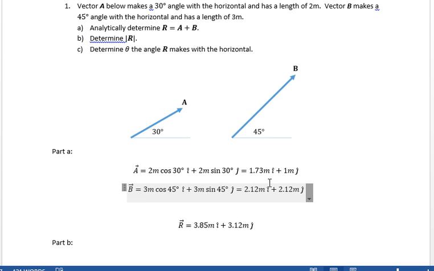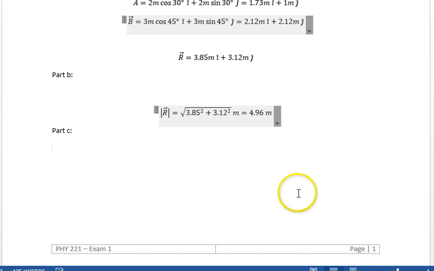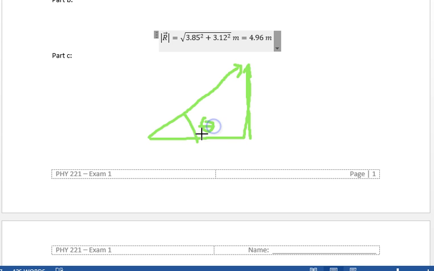And part C is determine the angle R makes with the horizontal. Okay, so what does R look like? R is 3.85 this direction, and then 3.12 that direction. So R is like that. We're looking for this angle that it makes with the horizontal.